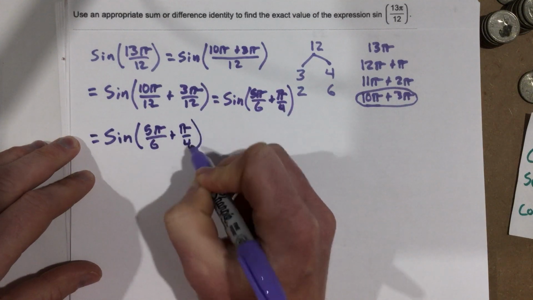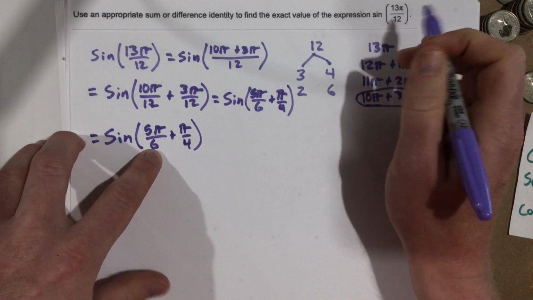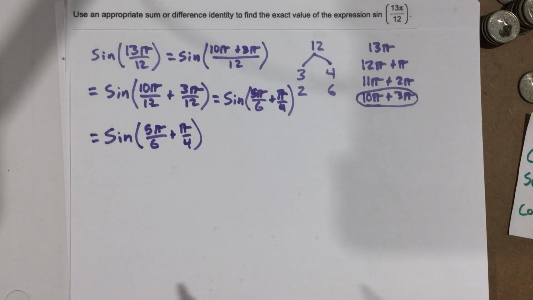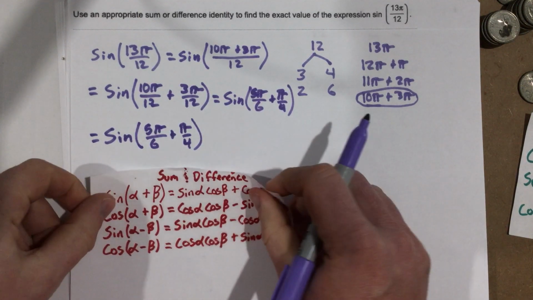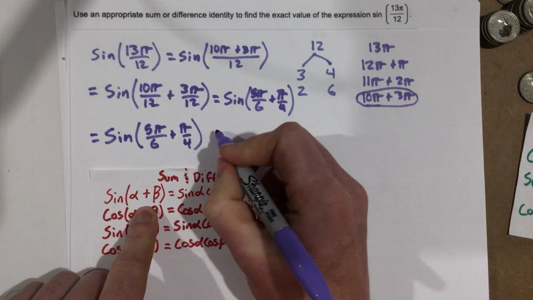Now remember, 5 pi over 6 plus pi over 4 is 13 pi over 12. If you find a common denominator, that's what you'd get. But it gives us the power now to use this sum and difference formula for sine so that we can actually evaluate this.